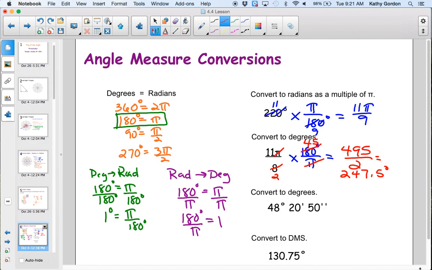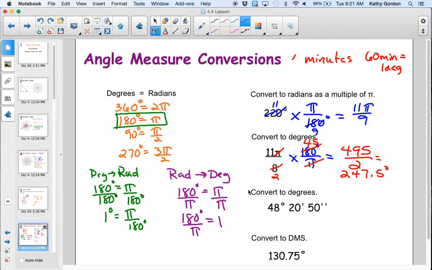So if you see one tick mark, a single tick mark stands for minutes, and there are 60 minutes in 1 degree. And then the double tick mark, let's try that again. What's the one tick mark?